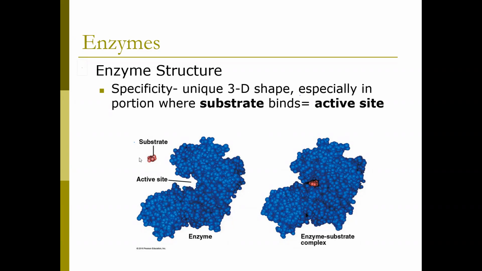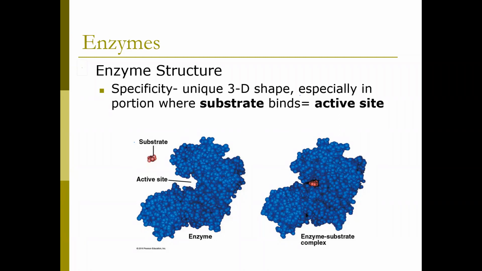That active site is where the substrate, or the reactant in the chemical equation, is going to bind to that protein. And it's a very specific active site that can only bind with a specific substrate. So that enzyme can only have one type of substrate bind to it. It cannot have a different substrate bound to it.